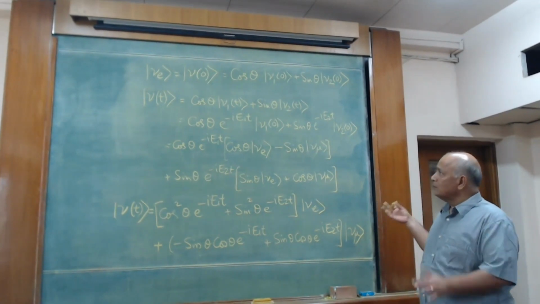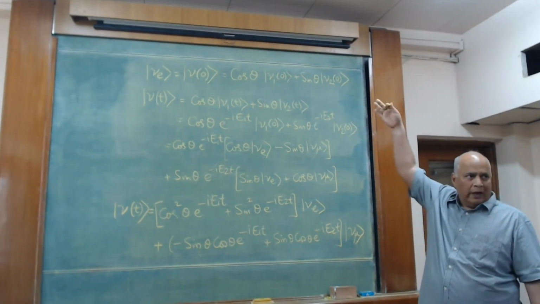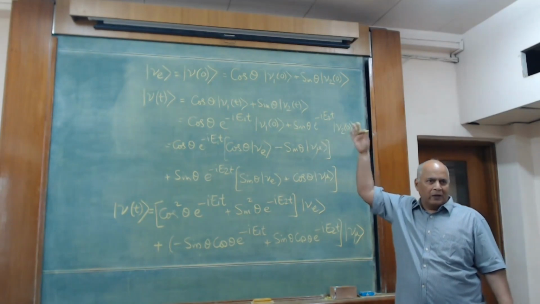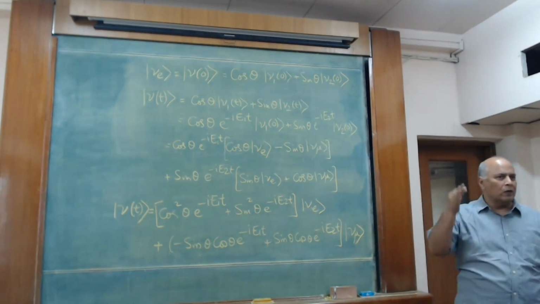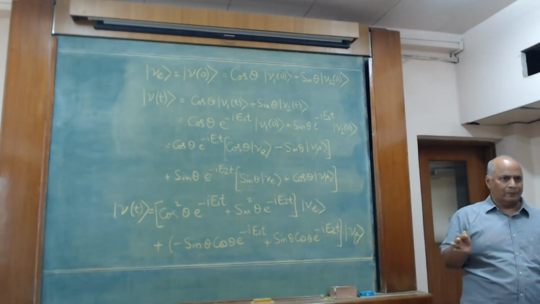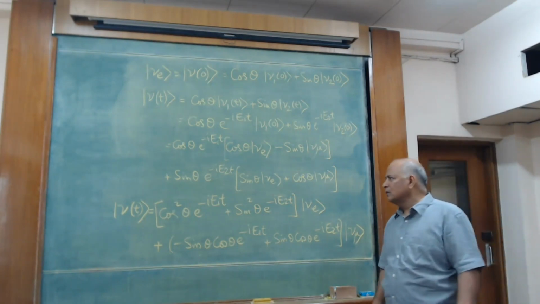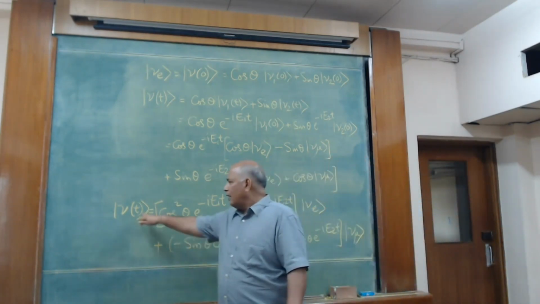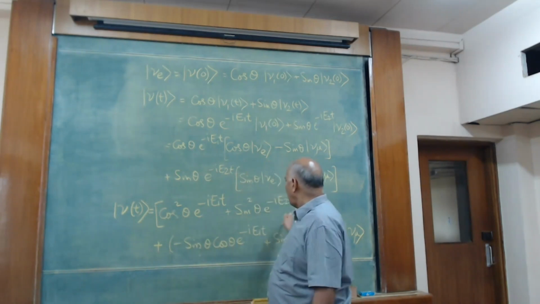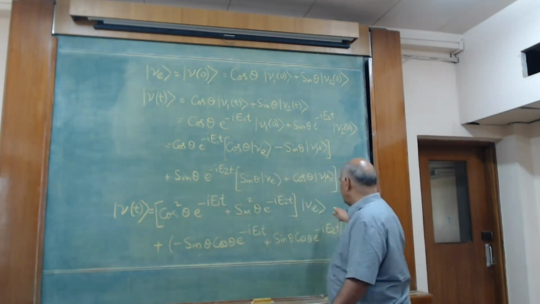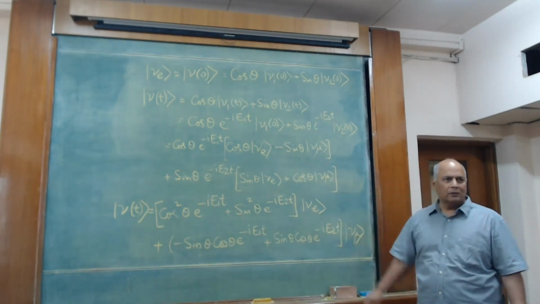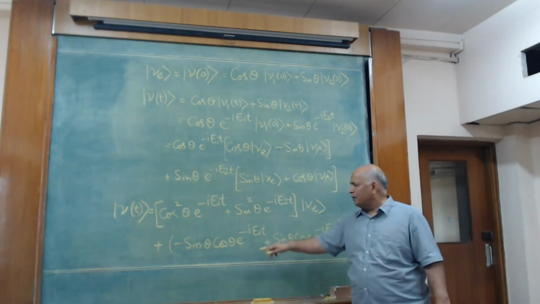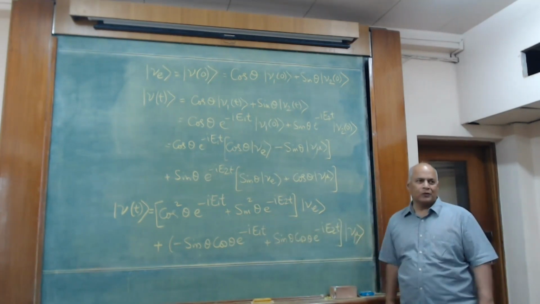But at t equal to 0, my neutrino state is pure nu e. But at a later time, I have some amplitude for it to be in the nu e state and some other amplitude for it to be in the nu mu state.